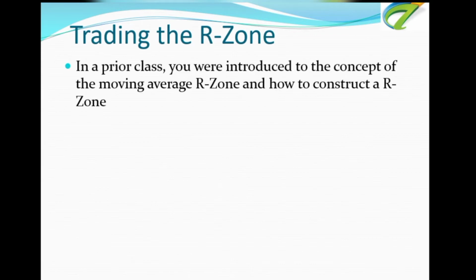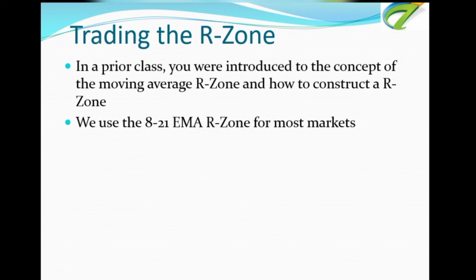In a prior class, you were introduced to the concept of the moving average R zone and how to construct a rotation zone. We use the 8 and 24 exponential moving average R zone, or we might use the 8 and 21 EMA R zone for most of the markets.